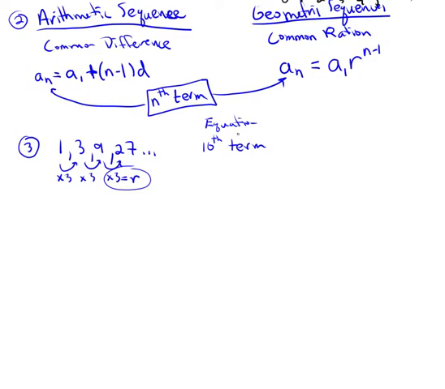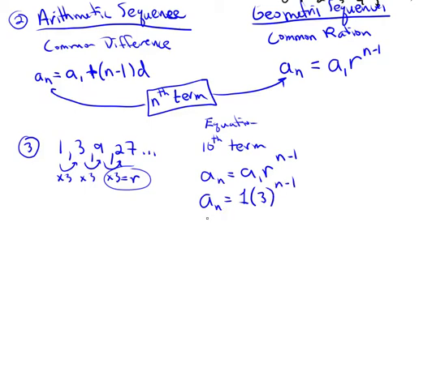So I'm going to write down my geometric sequence formula, which is a sub n equals a sub 1 times r to the n minus 1 power. So a sub n equals, a sub 1 is 1, times my r, which is our multiplier of 3, to the n minus 1.